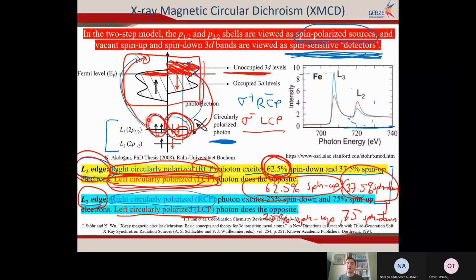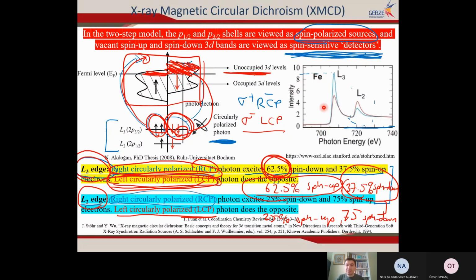So depending on the polarization, you excite different electrons from these L2, L3 levels, and depending on the spin up and spin down configuration of the electrons, we have enough place in the 3D level or not, okay? So depending on this configuration, you get this type of result from the 3D elements.